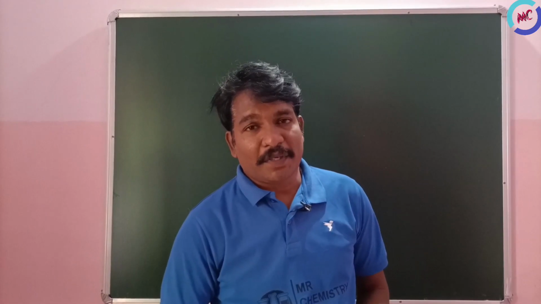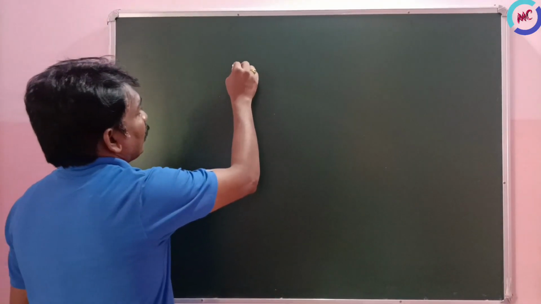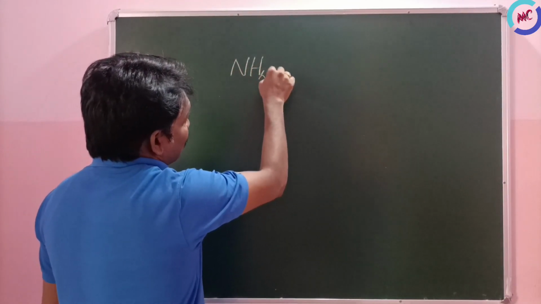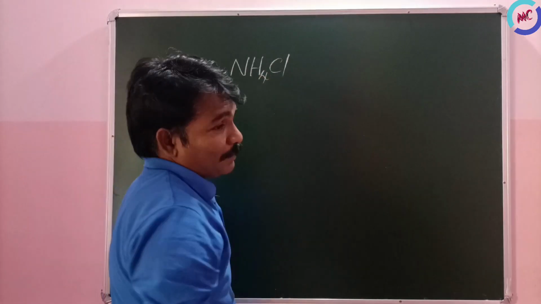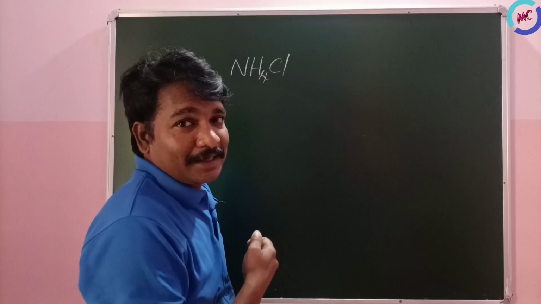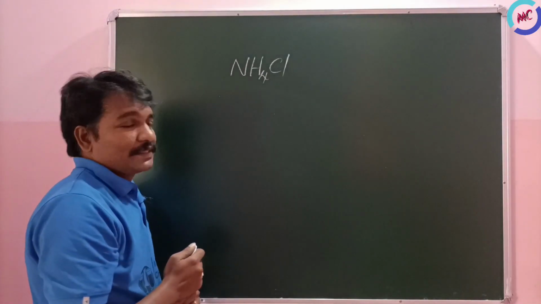Ammonium chloride is one of the important compounds in our chemistry. See here, we already studied in our lower classes, ammonium chloride is white salt which undergoes sublimation process. Okay. And see here, now we are going to check the different types of bonds in it.